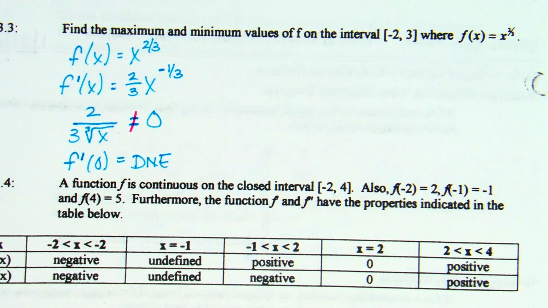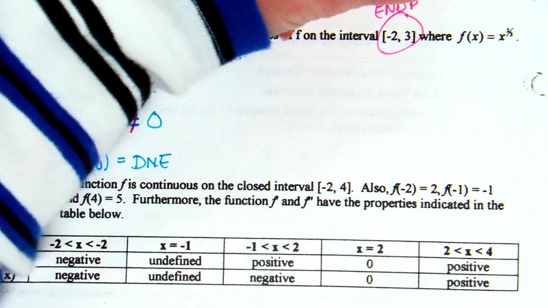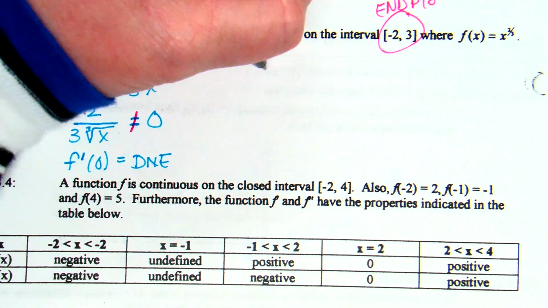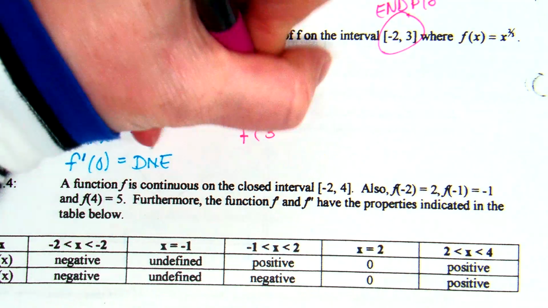It's a point where the derivative does not equal 0, or does not exist, I should say. So what do we have to check? Yeah, we have to check our endpoints again. And then we have to check the one we just came up with. So you're checking f of 0, f of negative 2, and f of 3.